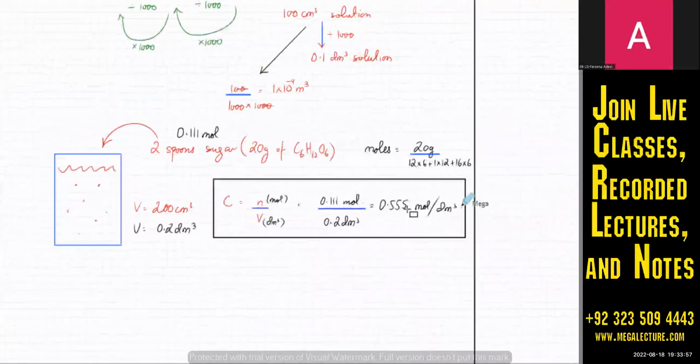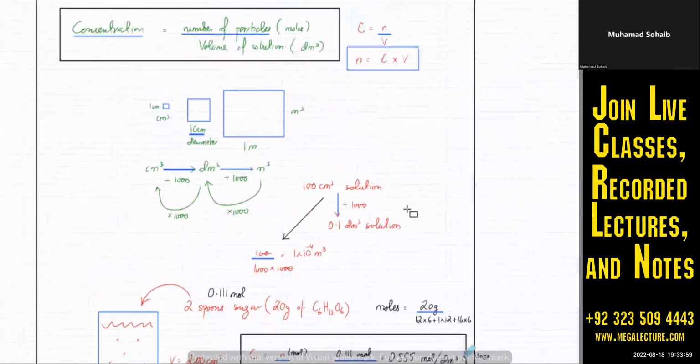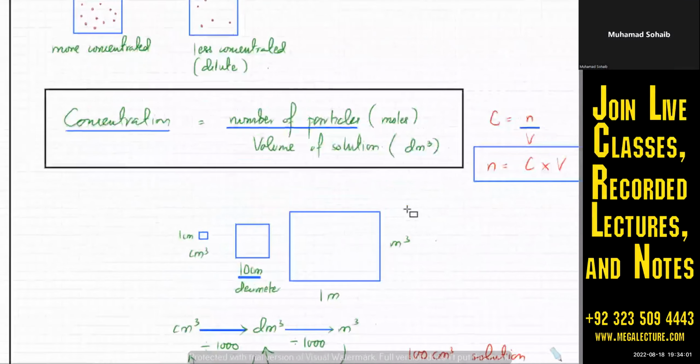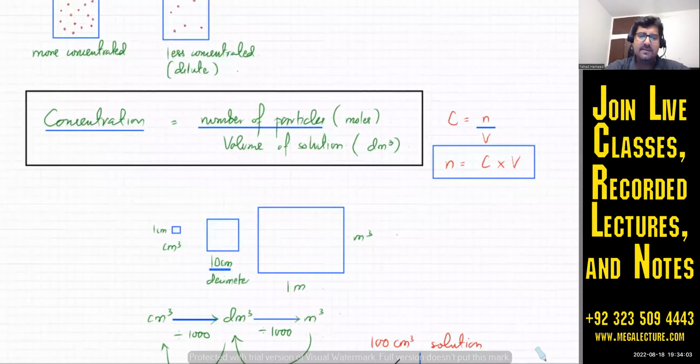Yes. Okay, so let's summarize. Just remember this formula. It's easy, because most concentrations will already be given to you. Every solution will be described by its concentration, how concentrated it is, and what the volume of the solution is.